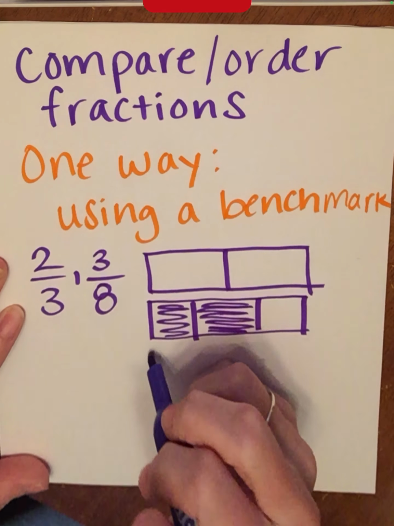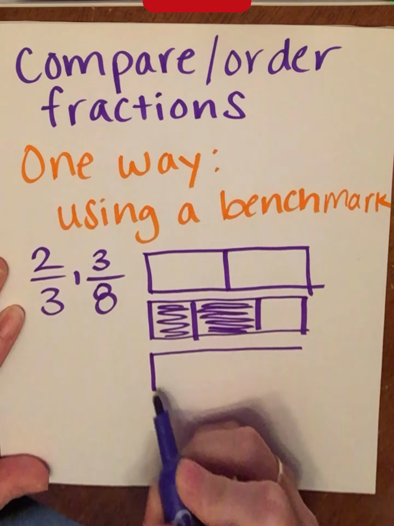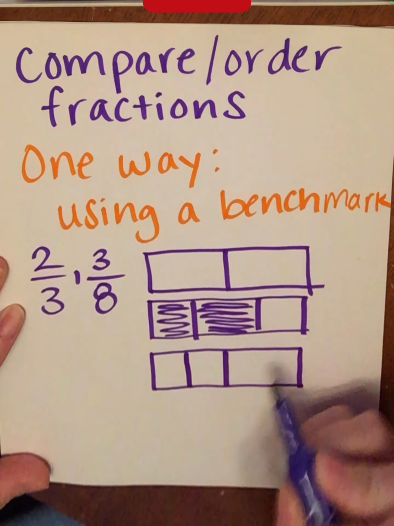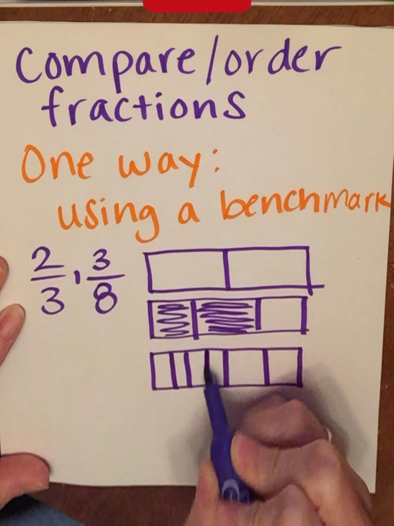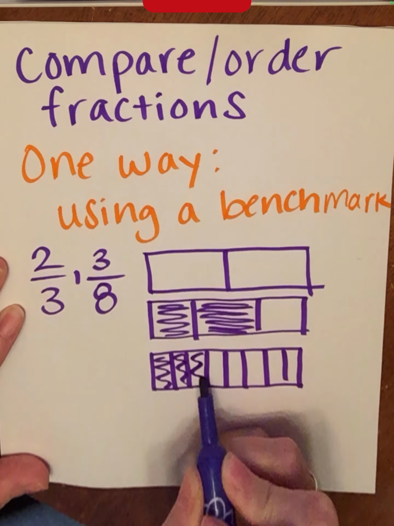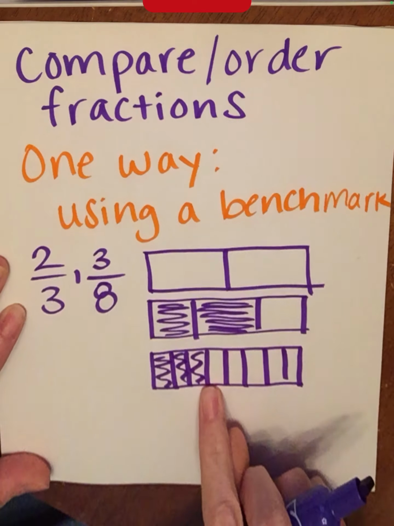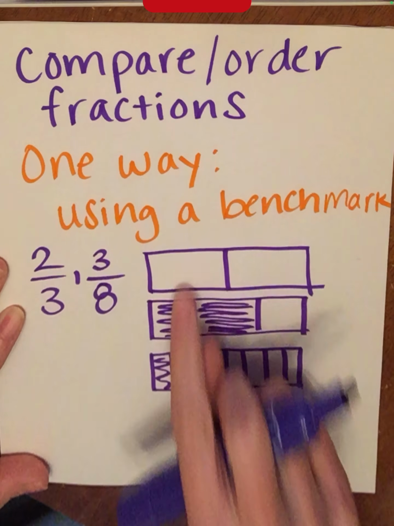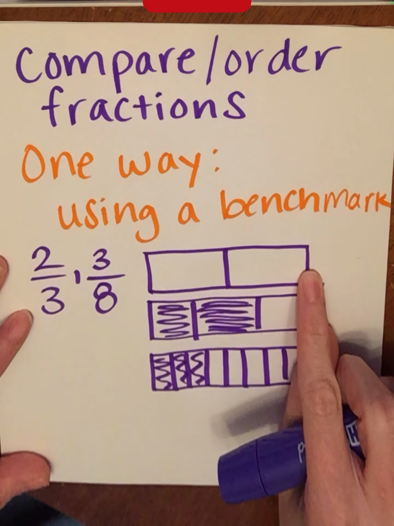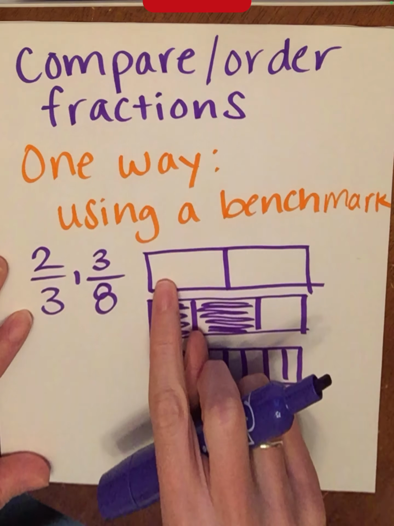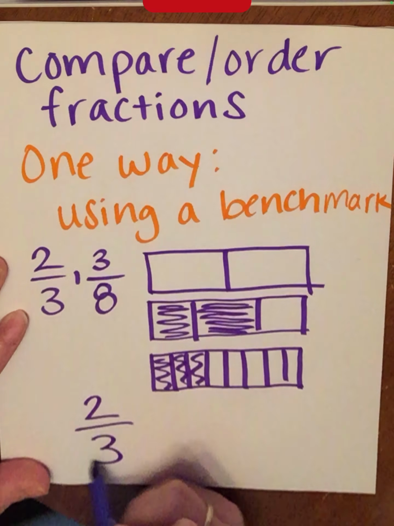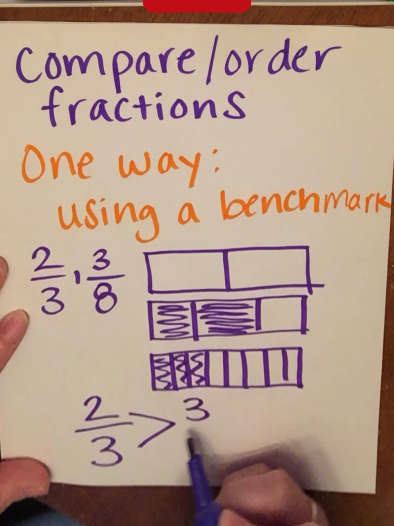And then if I draw my model here for 3/8 right below, if I shade in 3, you'll notice that my fraction 3/8 is going to be less than 1/2. And so since 2/3 is larger than 1/2 and 3/8 is less than 1/2, I would actually say that 2/3 is greater than 3/8.